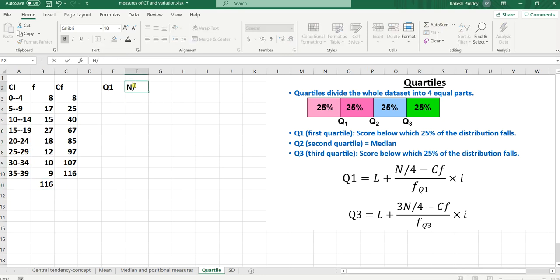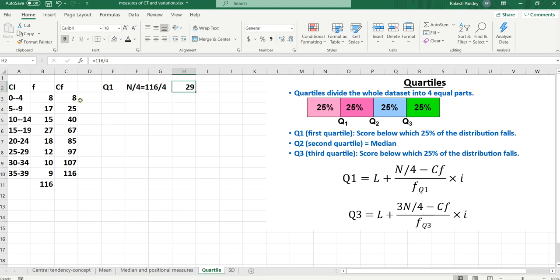So n by 4 is equal to 116 by 4, and 116 by 4 is 29. So the 29th data value will tell the position of the Q1. So that value will be the Q1 value.